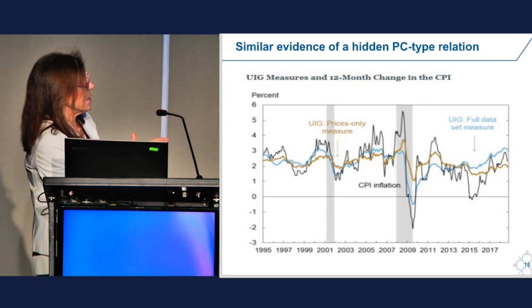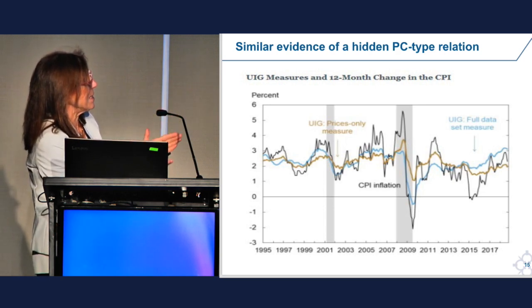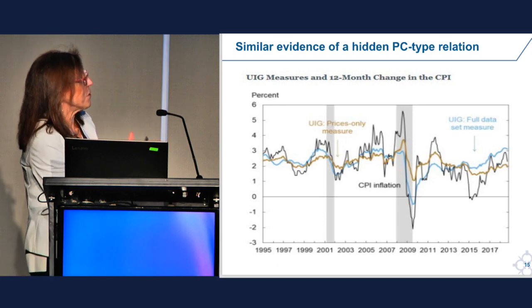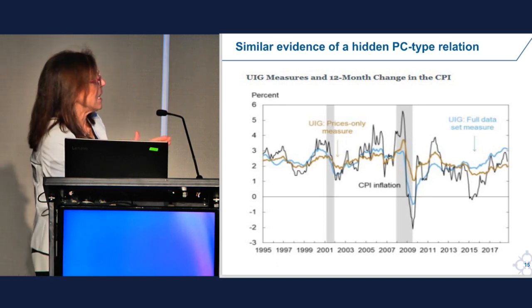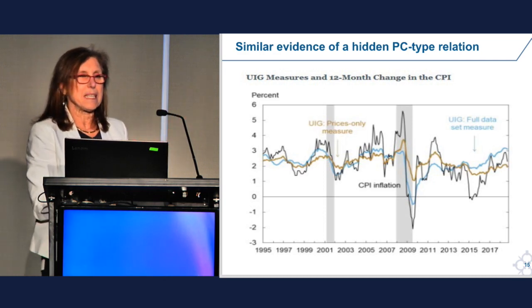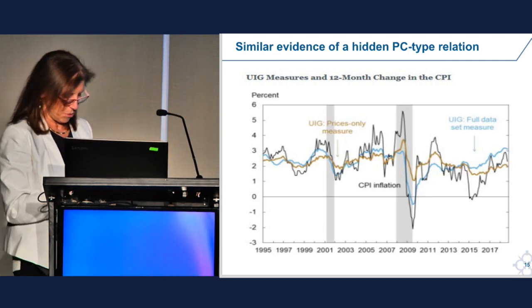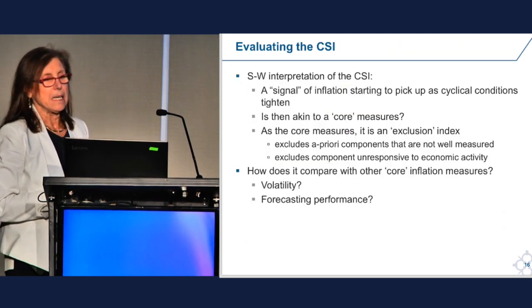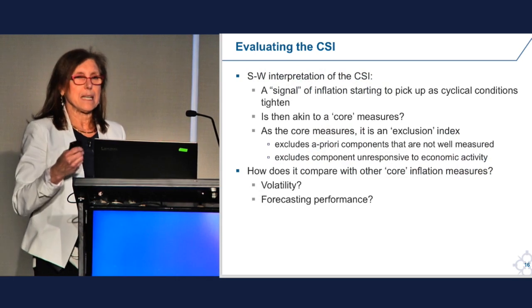And so you see that the decoupling is not with core and services, but when you add more information to just prices, the price index moves up. So that means that there is a hidden Phillips curve in this. Okay, this was a digression before telling what I now do with this CSI.